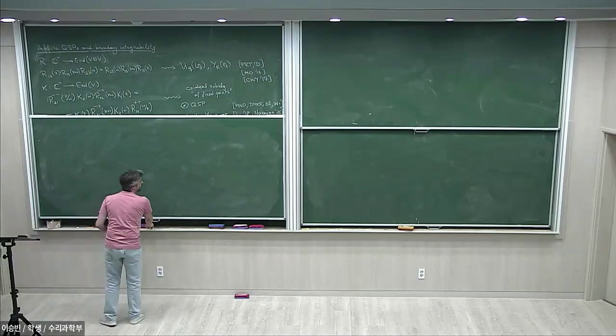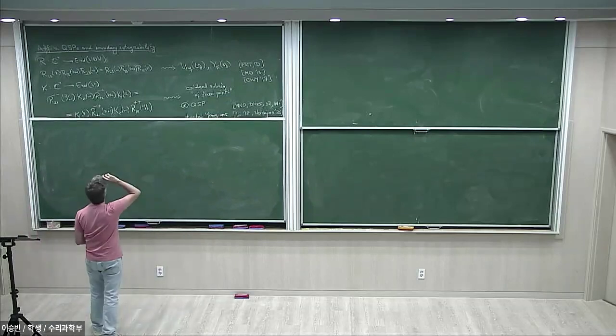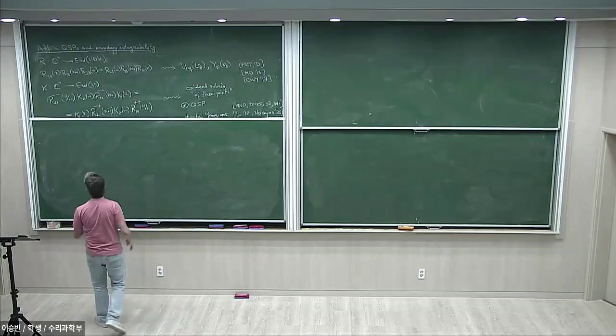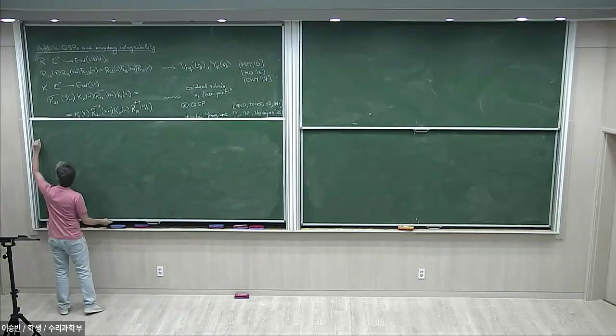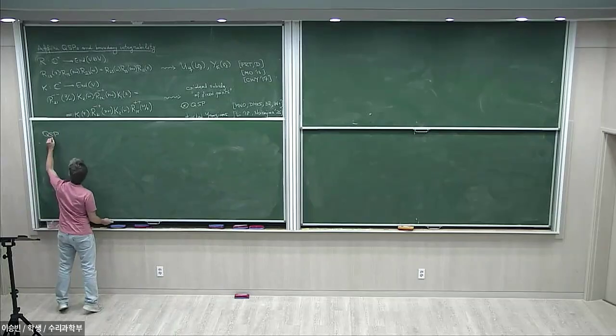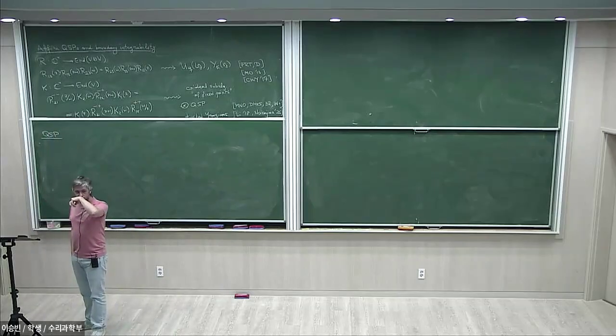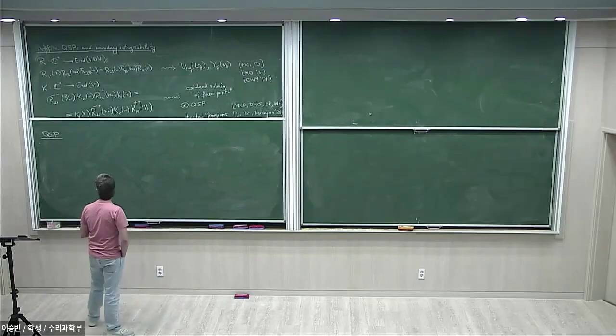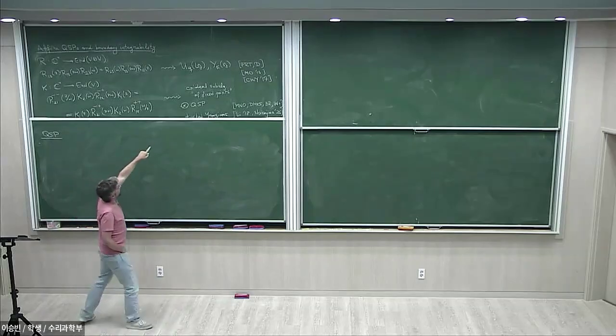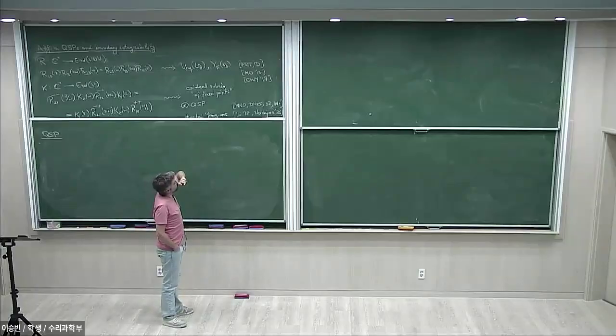So let me try to then discuss what this object is supposed to be, these quantum symmetric pairs. The construction is the following. As I said, for some reason we want to look at coideal subalgebras of fixed points.